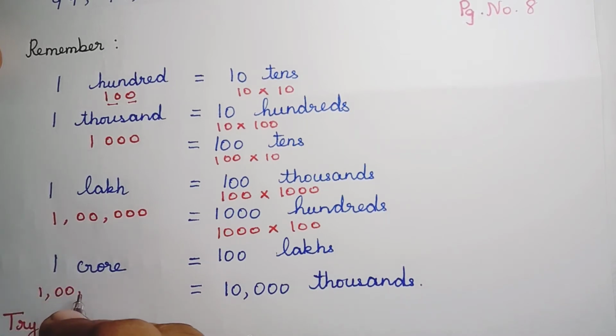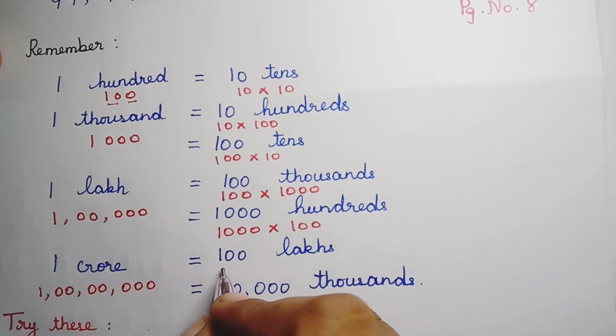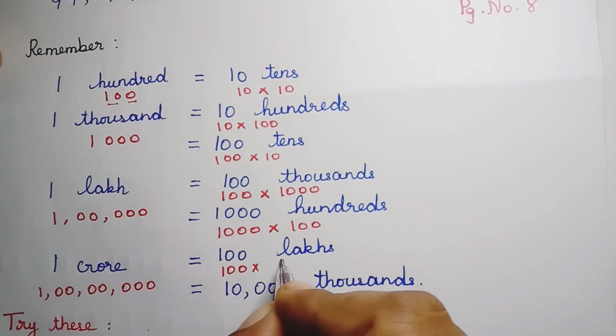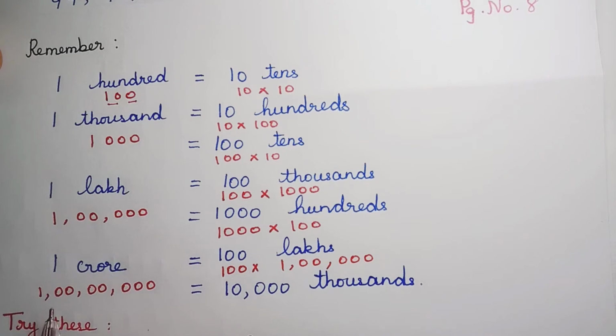1, 2 zeros, then 3 zeros. So how can you write this? 100 times lakhs. Count how many zeros are here: 1, 2, 3, 4, 5, 6, 7. So here also 1, 2, 3, 4, 5, 6, 7.